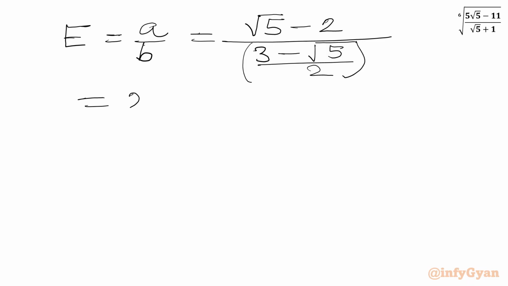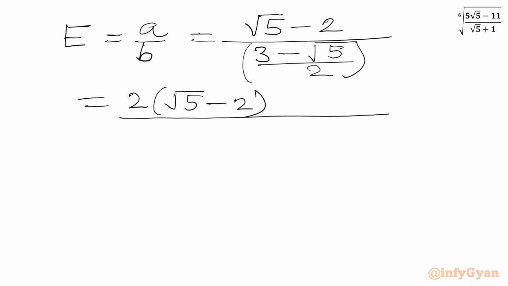Or we can write 2 times root 5 minus 2 over 3 minus root 5. Now we can rationalize our denominator by multiplying denominator and numerator by 3 plus root 5.